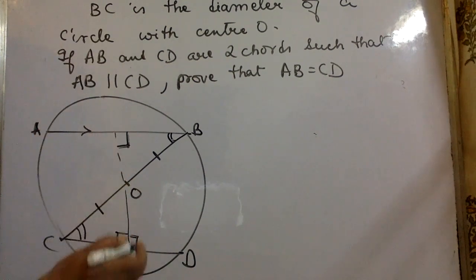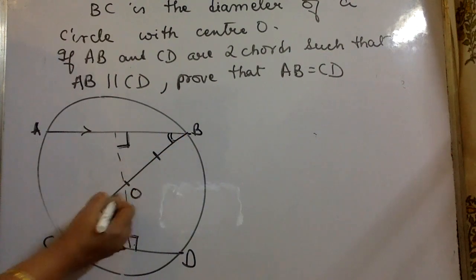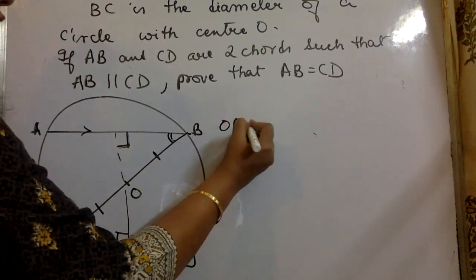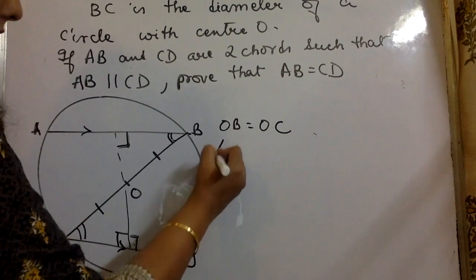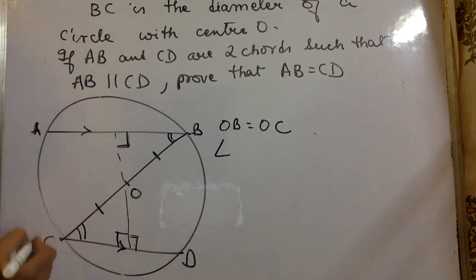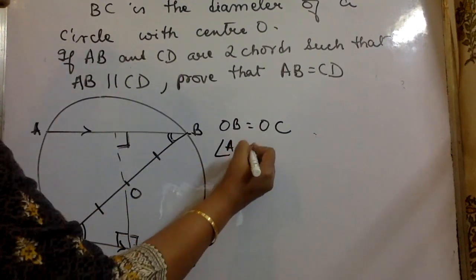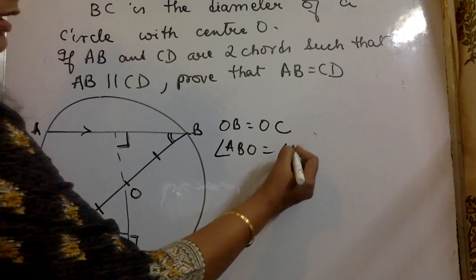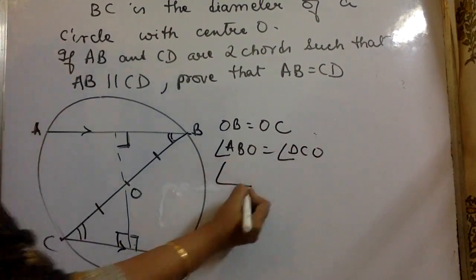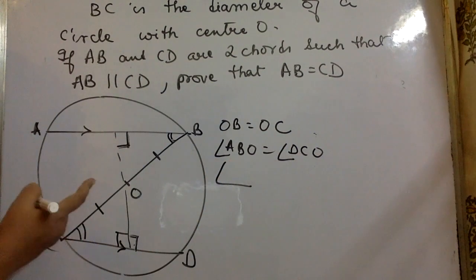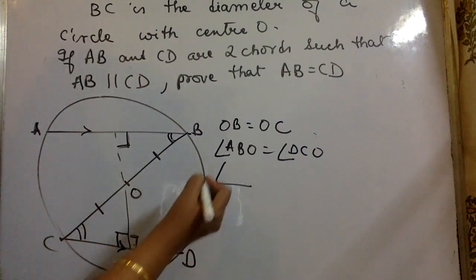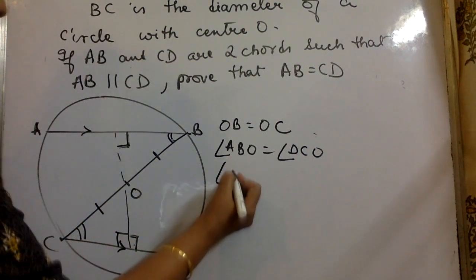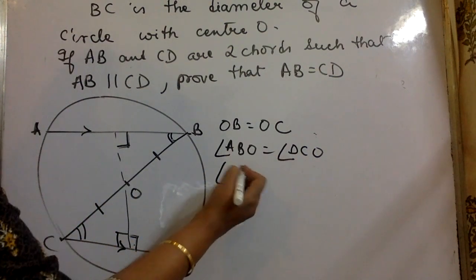we can say yes, this OB is equal to OC. So let me write OB is equal to OC, radius, angle ABO is equal to angle DCO, and next is angle, this is because of alternate angles.